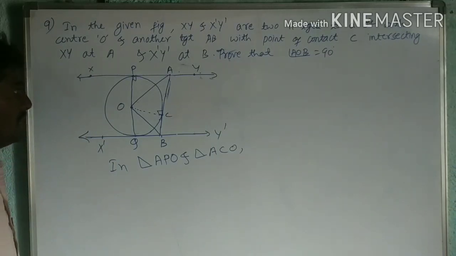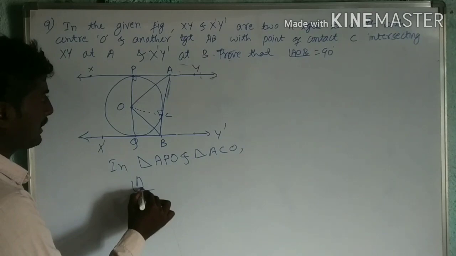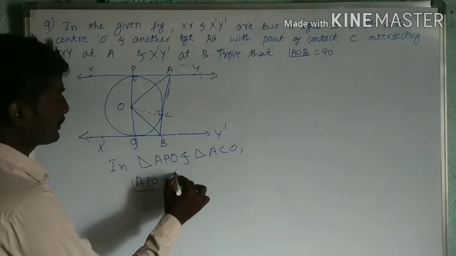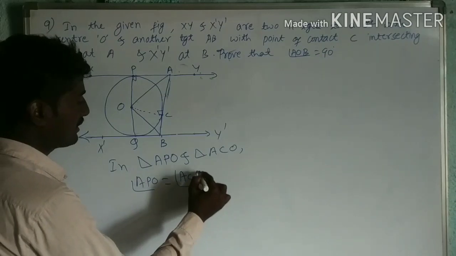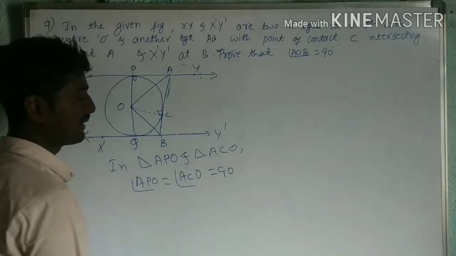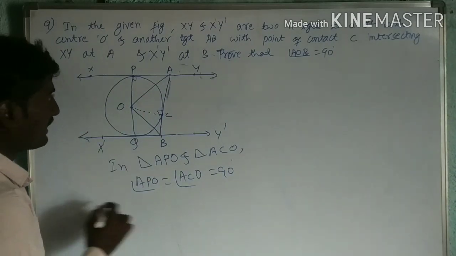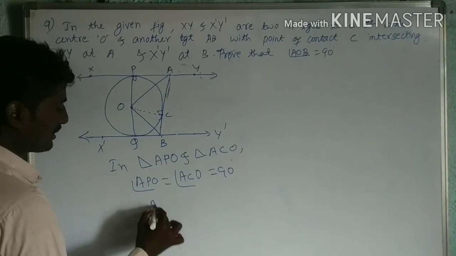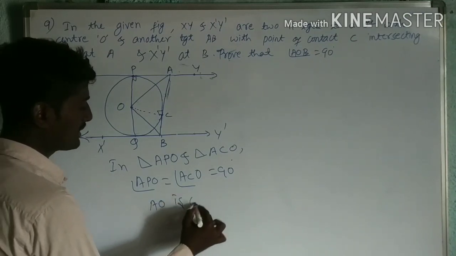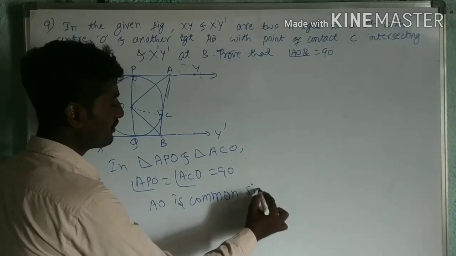Angle APO is 90 degrees and angle ACO is 90 degrees, so one angle is equal. Then the hypotenuse AO is the common side of both triangles.